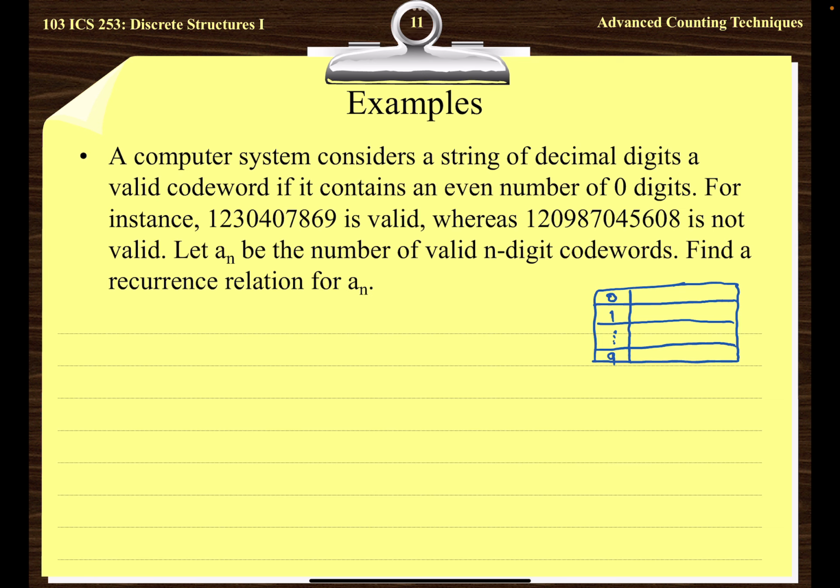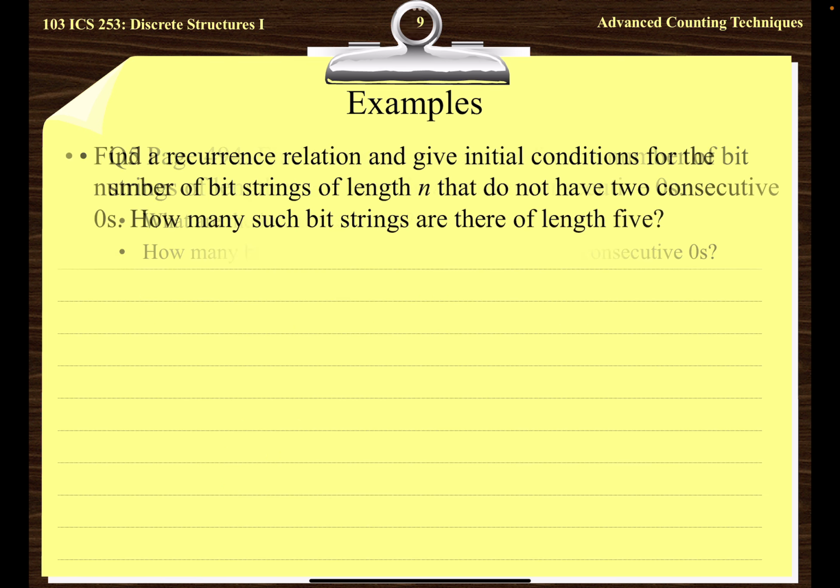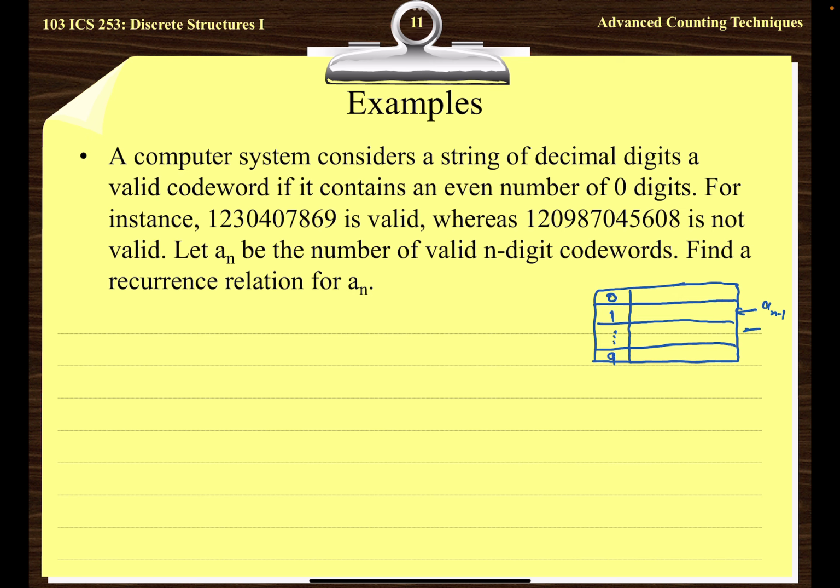So the number of valid code words of length n that start with 1 is how much? A(n-1), right? If I have an even number of zeros here, I have an even number of zeros here. So this is A(n-1).